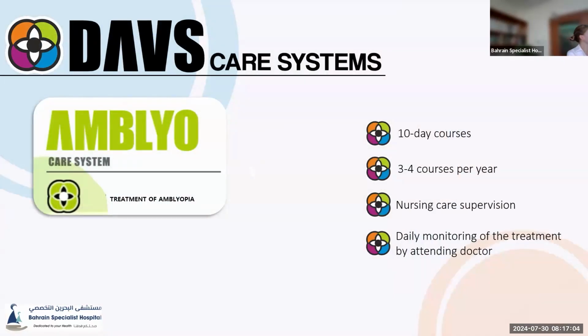The amblyopic treatment consists of several procedures. Day by day, during 10 days, a child should visit a clinic. So he's in glasses, he's doing the eye patching, he's coming to the clinic and doing the procedures.